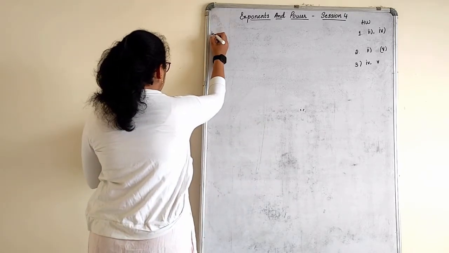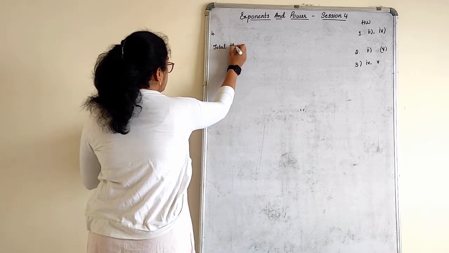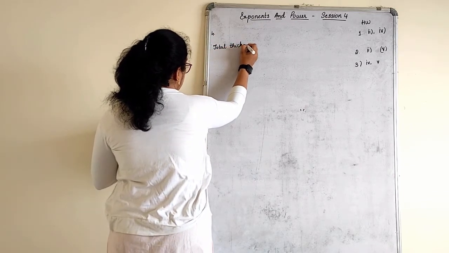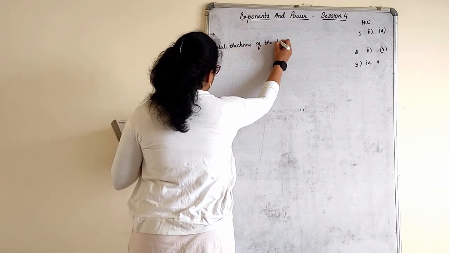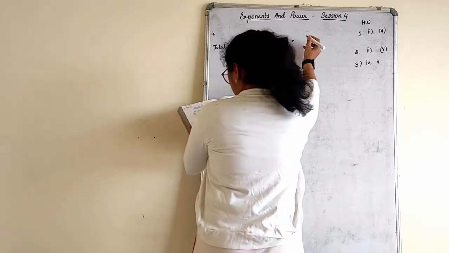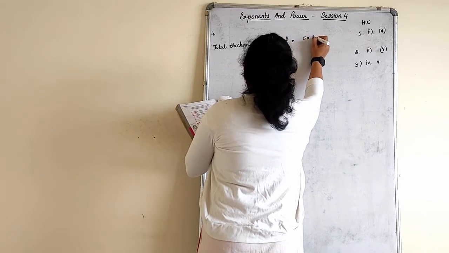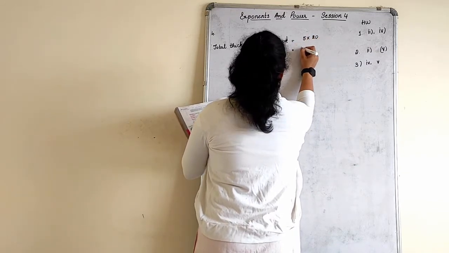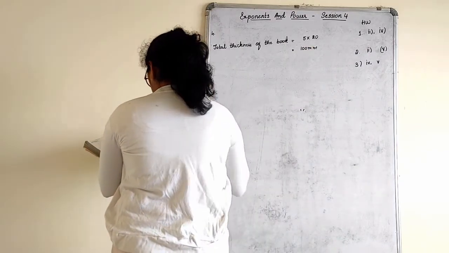So, total thickness of the book is equal to how much? How many books are there? 5 books are there. So, 5 into 20. That is equal to 100 millimeter.